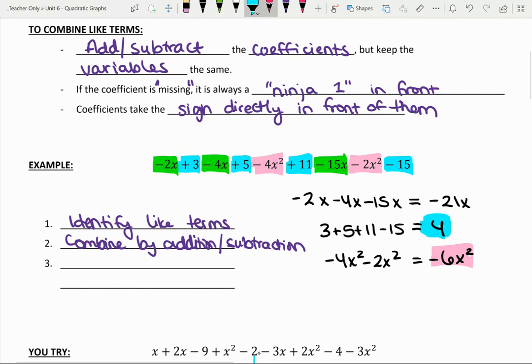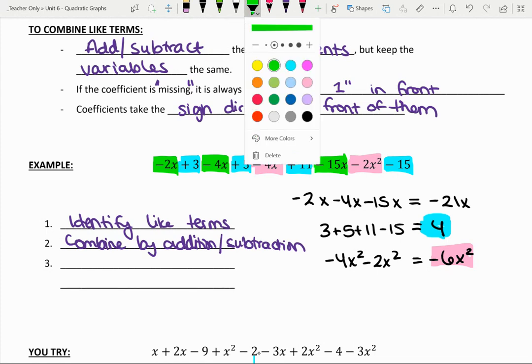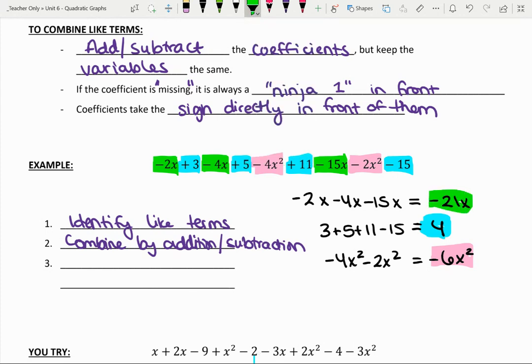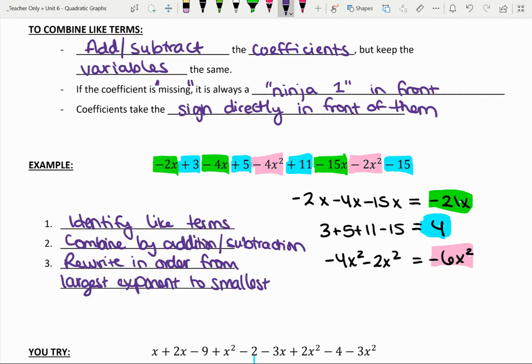And I'm just going to highlight these again to show where those pieces came from. Let's see, grab my green highlighter. Okay, so now we've combined them. Our next step is to rewrite that in order from the largest exponent to the smallest exponent.